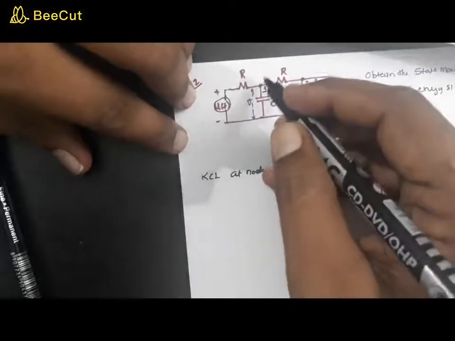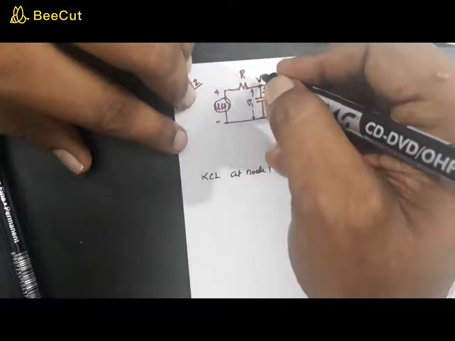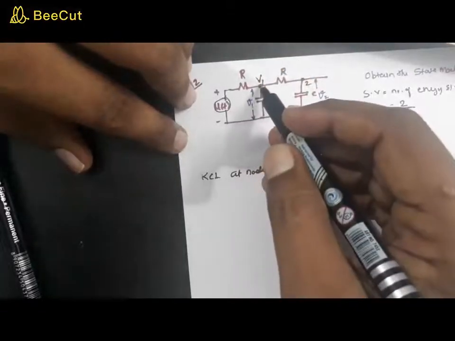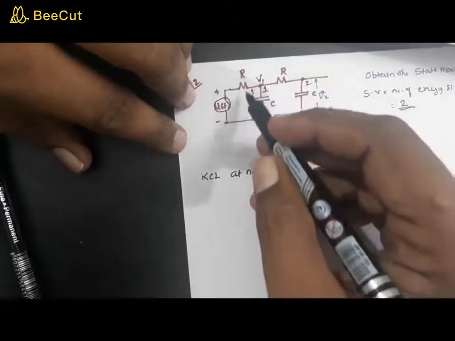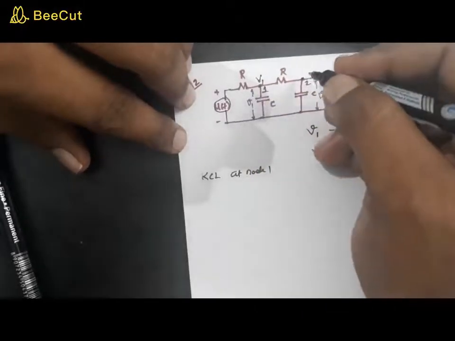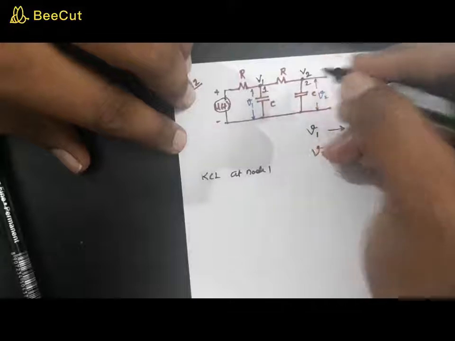Call this V1. This is the node voltage, which coincidentally becomes the voltage across this capacitor. Similarly, this is the node voltage V2.